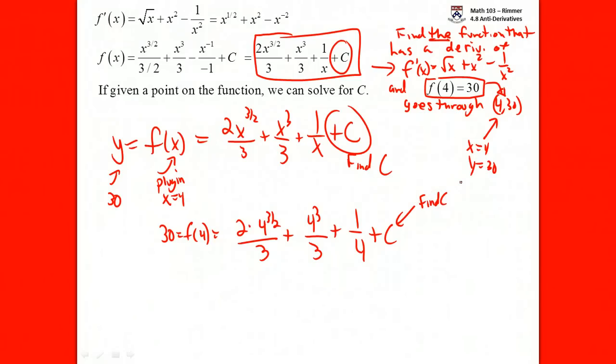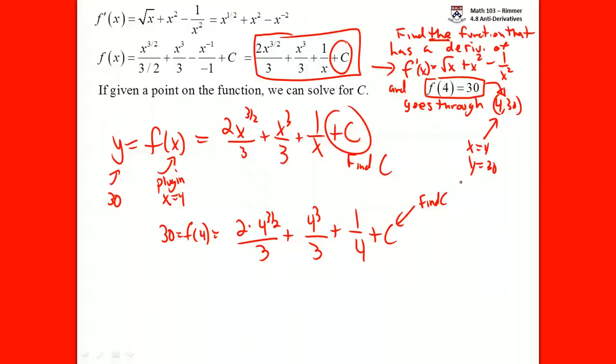Find the C. Don't make a mistake and multiply the 2 and 4 together. PEMDAS. Exponents come before multiplication. Raise 4 to the 3/2 power.